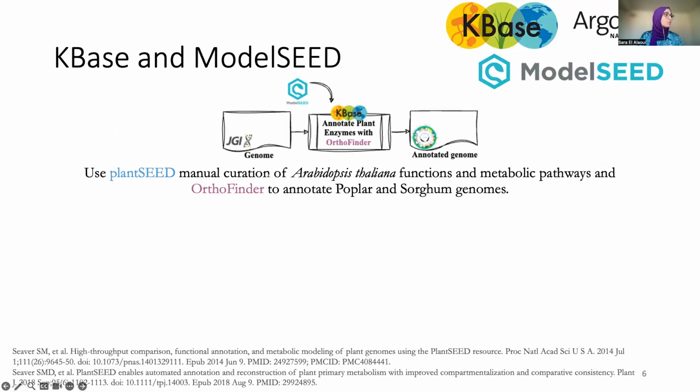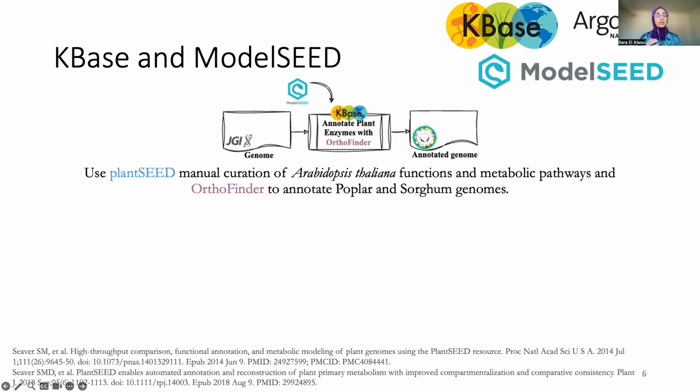So how do we use KBase and ModelSEED? There are two main apps that we've used, and there are a lot of apps on KBase that you might be interested in using. The one that we use is the annotate plant enzyme with OrthoFinder. What this does is it takes a PlantSEED manual curation of Arabidopsis, and it tries to find the orthologs in the plants that we've been working on, which are poplar and sorghum.